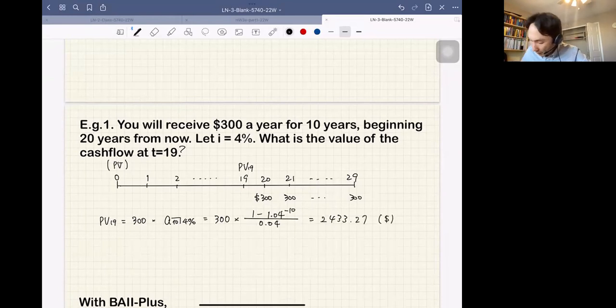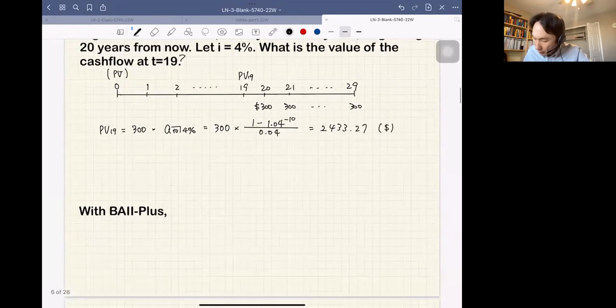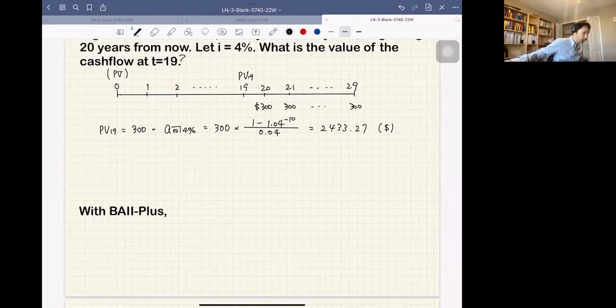Maybe I should have asked this PV. But yeah, this is the way to go. And with the BA II Plus calculator, we can use the TVM function, the time value of money function.